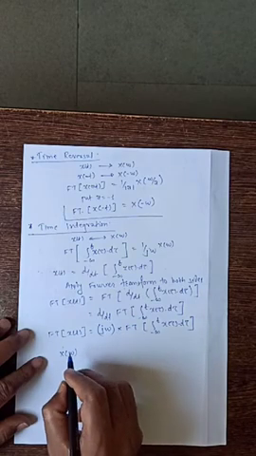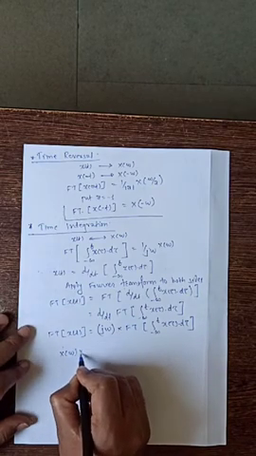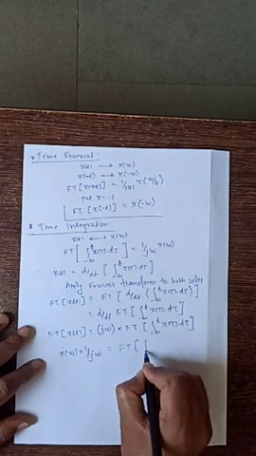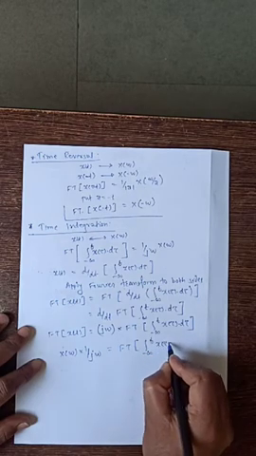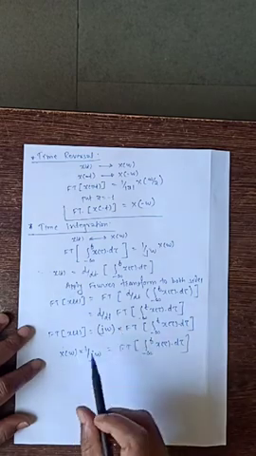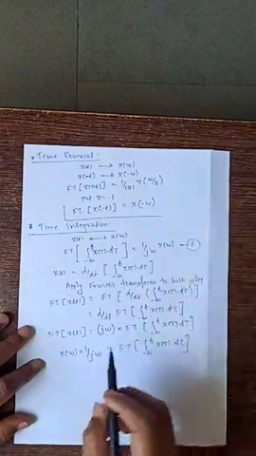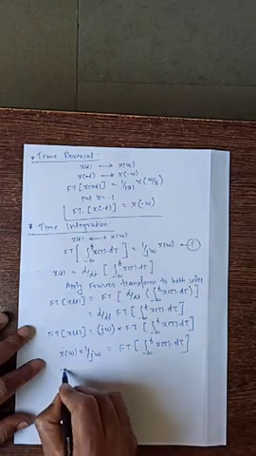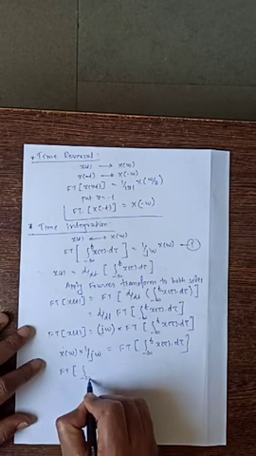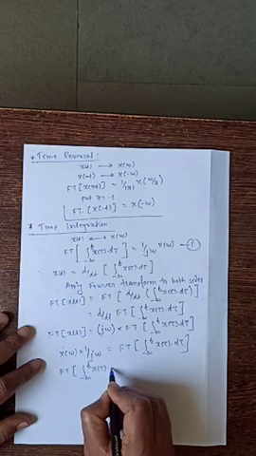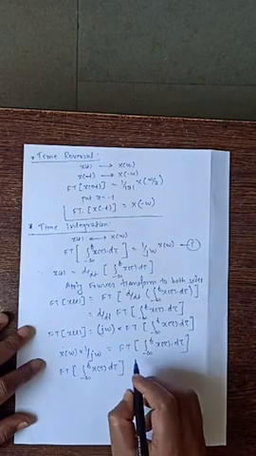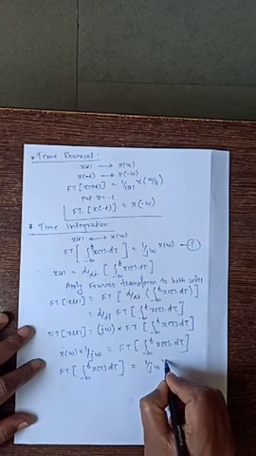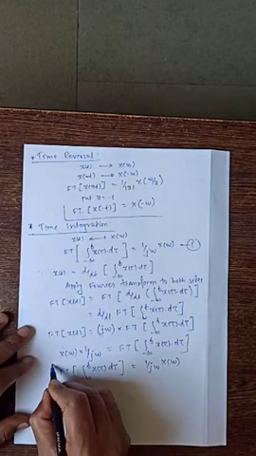So this j omega, if shifted to this side, will be 1 upon j omega, equal to the Fourier transform of the integral from minus infinity to t of x(tau) d tau. Just see this equation: the left hand side and right hand side are the same. So this is proved. We can write that the Fourier transform of the integration of the signal x(t) in the time domain is equivalent to 1 upon j omega multiplied by its Fourier transform.